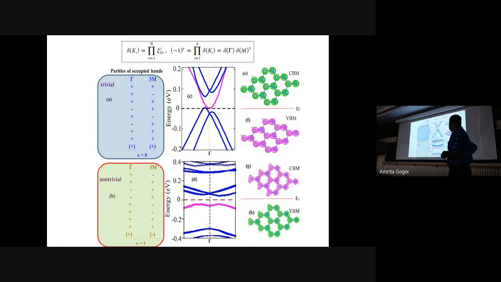Now, see, this is just a toy model to show you the topological invariant. What you look at is the change in the symmetry, and when we talk about the change in symmetry, we know that sigma has no parity, whereas a pi would have a parity. So, you just count the number of parities between the valence band and the conduction band, and if there is an odd parity, you will say that is a topological phase. Now, this is what we find. For example, here you see there is no topological phase.